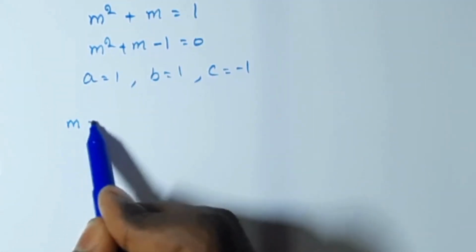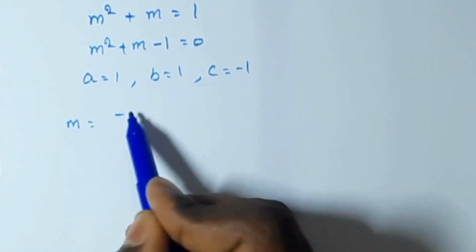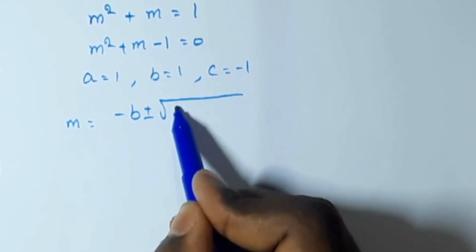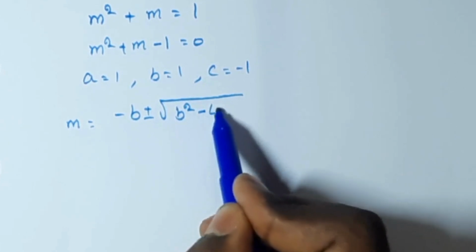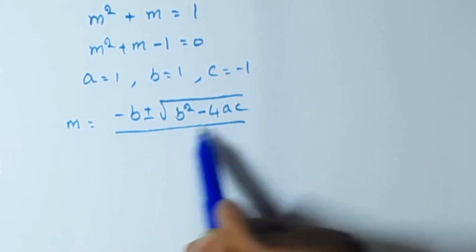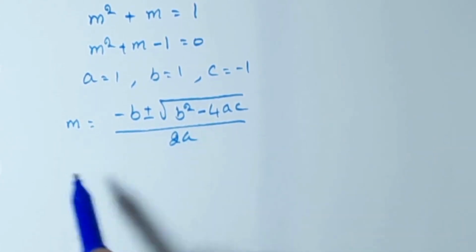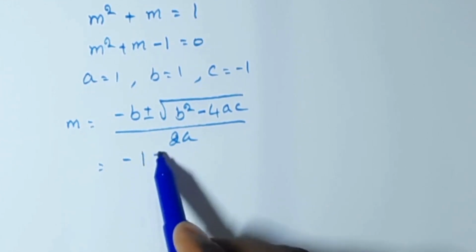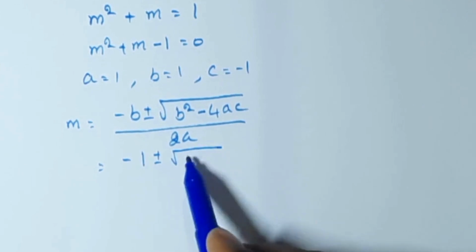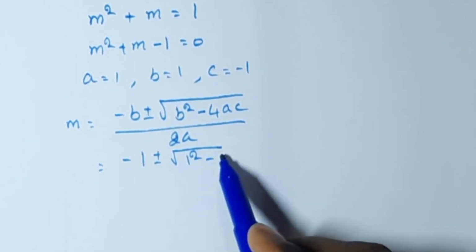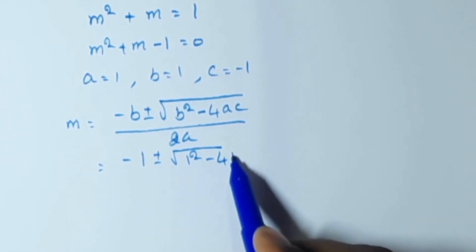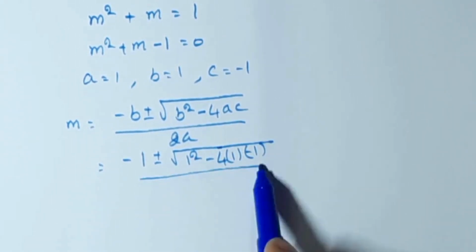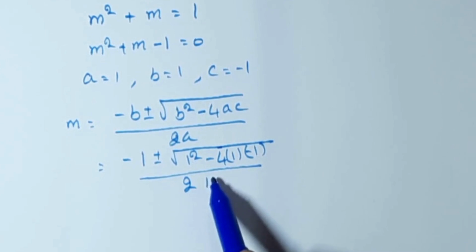So m equal to minus b plus or minus root of b square minus 4ac by 2a. Now minus 1 plus or minus root of 1 square minus 4 into 1 into minus 1 by 2 into 1.